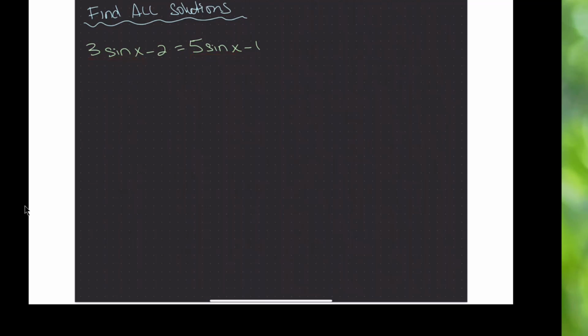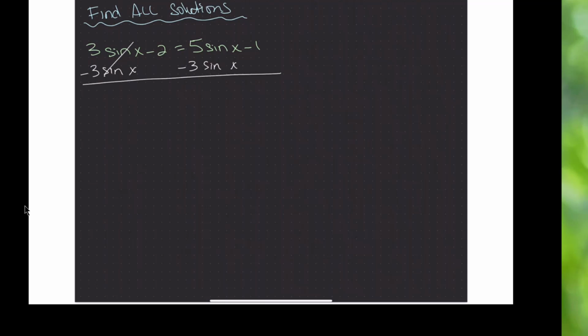So we can either subtract 3 sines from both sides, or subtract 5 sines from both sides. Subtract 3 sines. Absolutely. So subtract 3 sine of x from both sides.